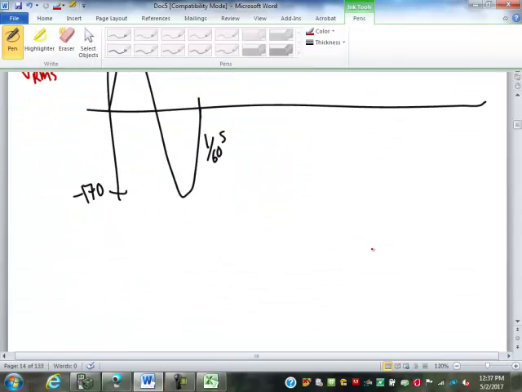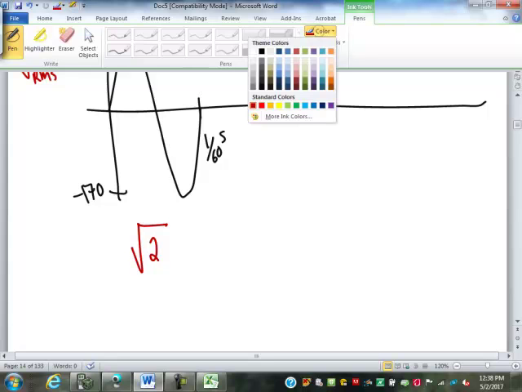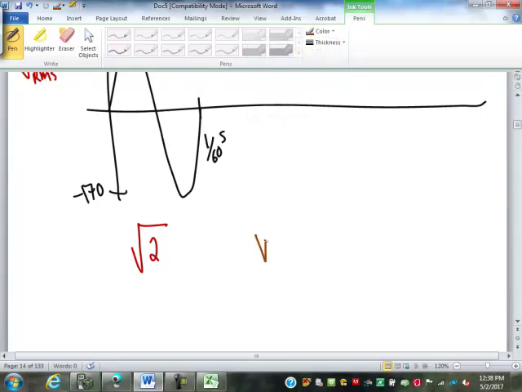In practice, the magic number, the square root of 2, is actually what it comes out to be. The RMS voltage is equal to the peak voltage divided by the square root of 2. Now, 1 divided by the square root of 2 is 0.707.